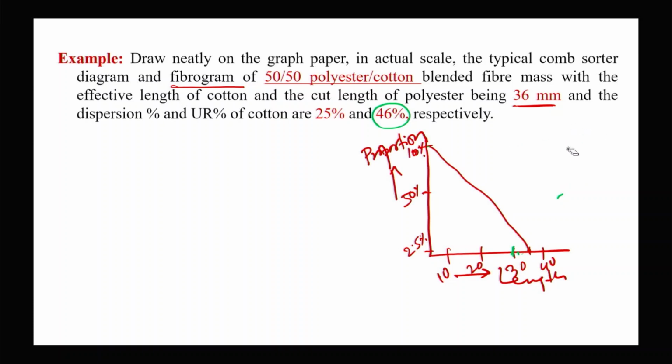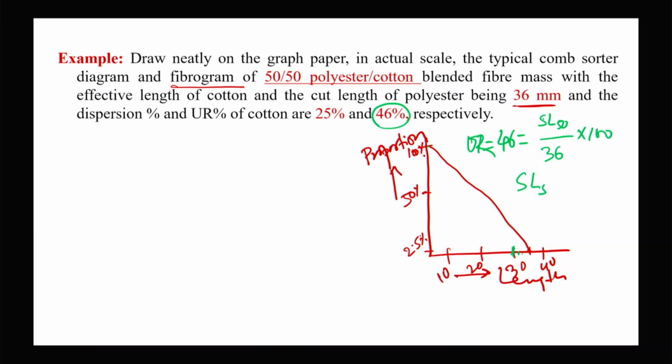So the uniformity ratio will be 46%, equal to 50% span length by 36.